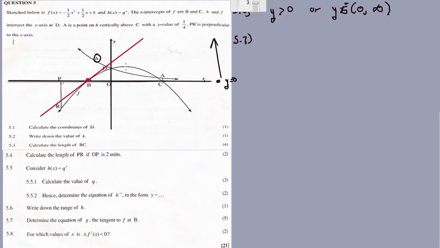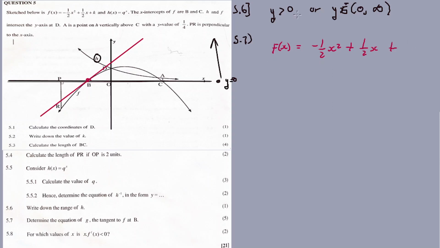In order to find the equation for this line, I need a gradient. I need a gradient as well as a point in order to find an equation for a tangent. So I take f of x equal to minus 1 over 2 x squared plus 1 over 2 x plus k.